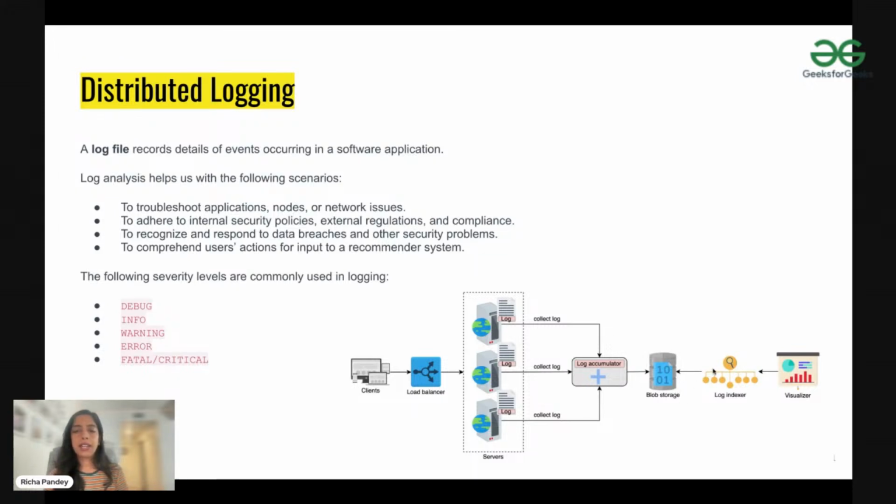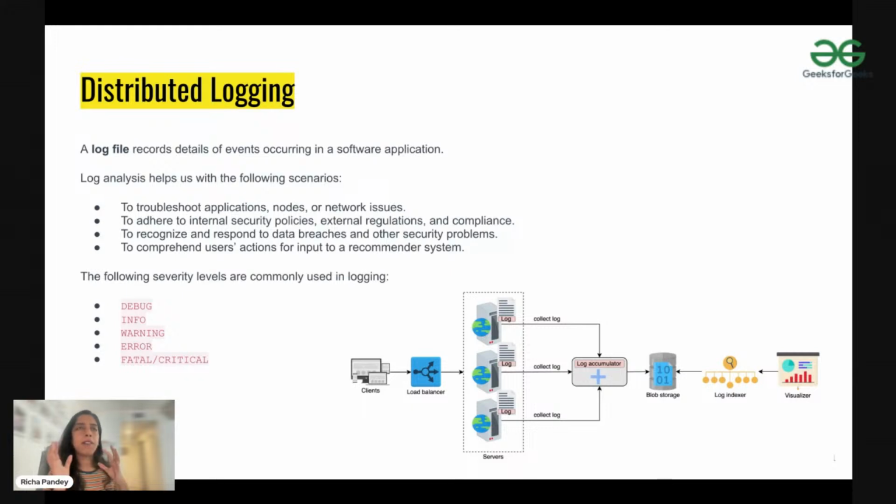There's also an indexing and a visualization done on top of it. If it's a large scale system, you can't just keep reading the logs one after the other, because they will start coming in at a massive scale. So what you can do is visualize the logs.